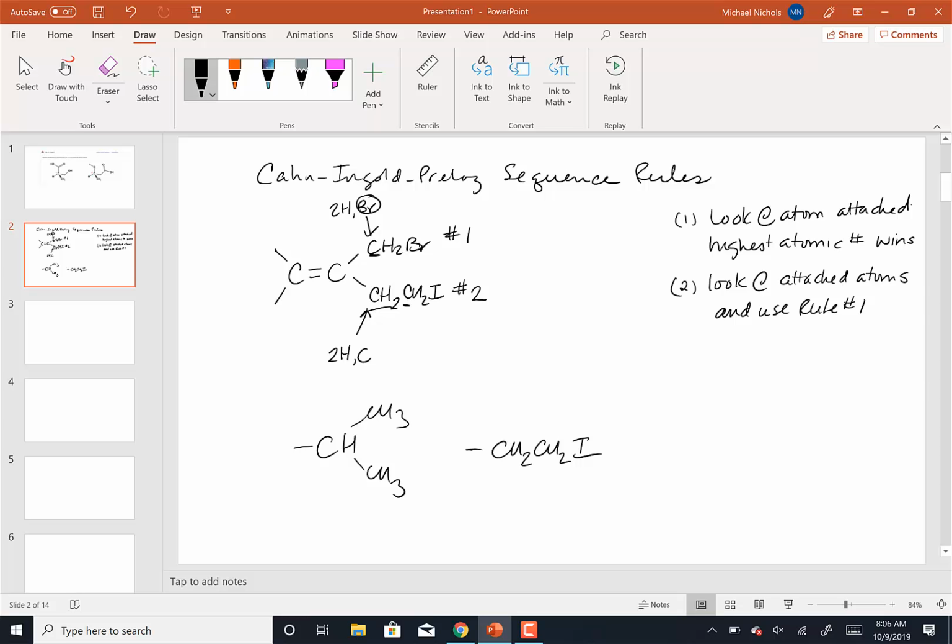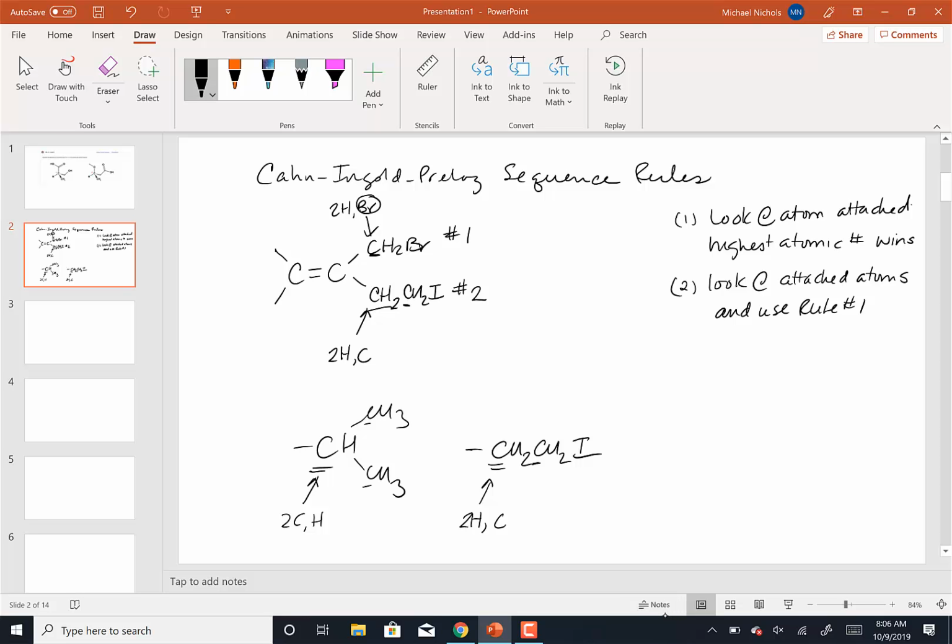Well, let's go through the steps. Carbon versus carbon is a tie. What's attached to that carbon? 2 C's and an H. What's attached to this carbon? 2 H's and that carbon.